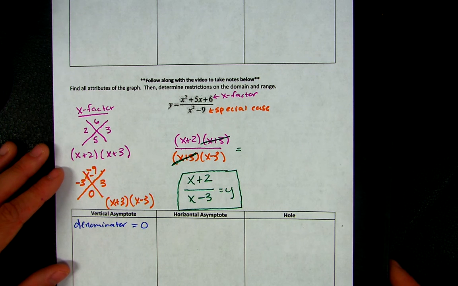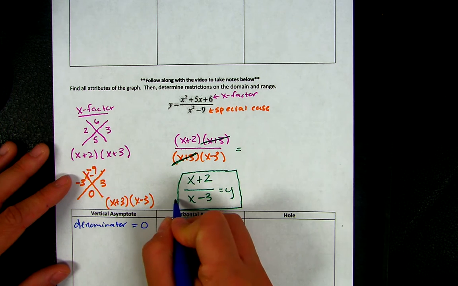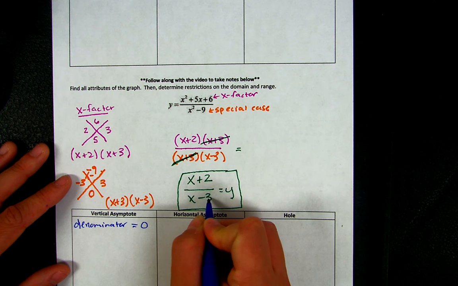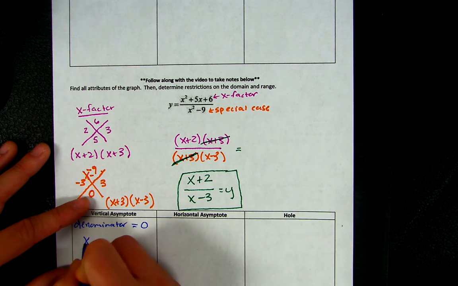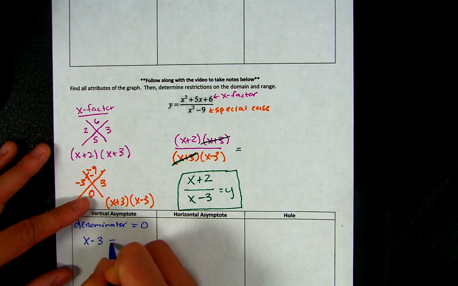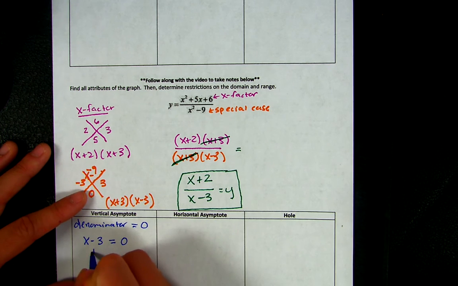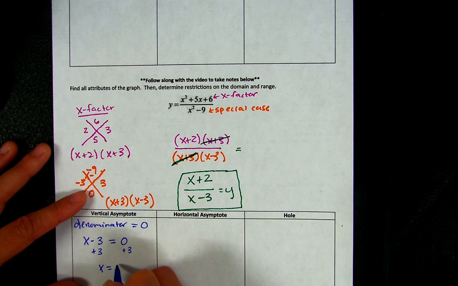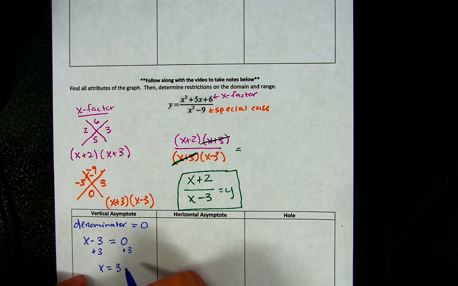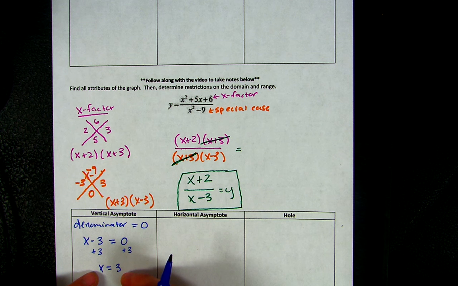So if I'm finding where my denominator is equal to 0, I'm going to take my denominator of x minus 3 and set it equal to 0. Okay. Add 3 on both sides. My vertical asymptote is x is equal to 3. That's an undefined value because we can't divide by 0. Okay, so that's the first attribute of my graph that's going to help me find my domain and range.